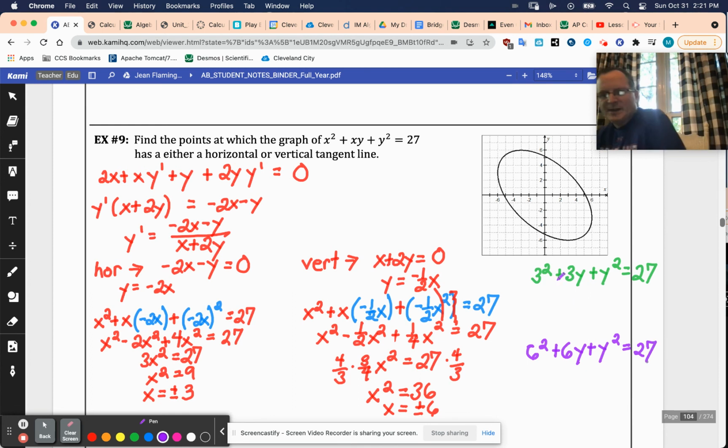This thing's going to factor nicely. So we've got y squared plus 3y, and then that's 9 minus 27, this is for x equals 3.